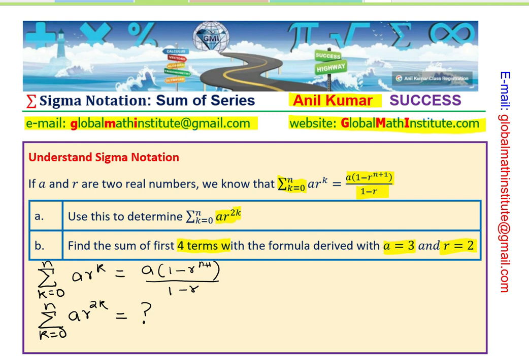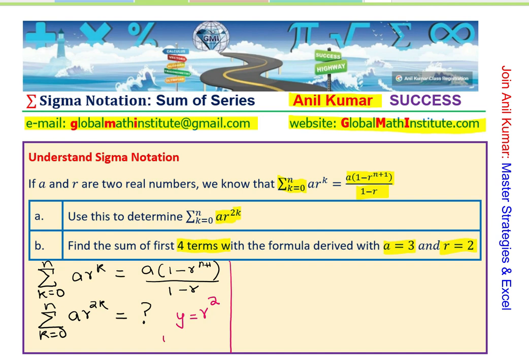Now see, if you observe clearly, what we need is a simple substitution, and that's what I'm going to do here to get the solution. Let us say y equals r square.